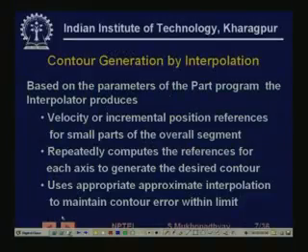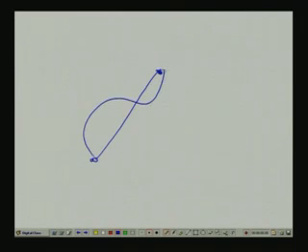While in a contouring system, it is important to understand that suppose you want to go from this point, let me take a blue pen, to this point. In a point to point system, whether you are going like this or like this makes no difference, because it is the end points which are important.